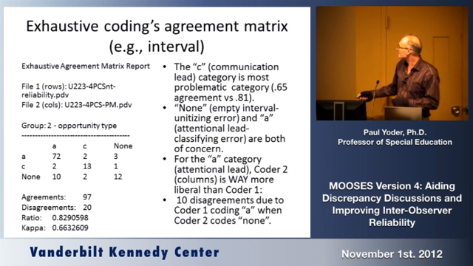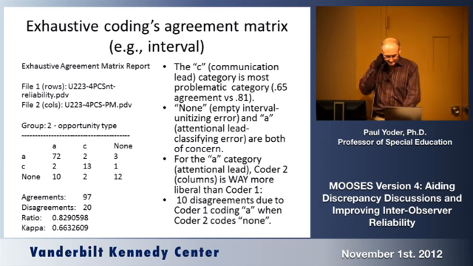You see that? Because there's a lot more here. Okay? 10 disagreements due to coder 1 coding A, and when coder 2 codes none. So that tells you that we want to focus on this unitizing error, and it's mainly because this coder 2 is more liberal than coder 1.